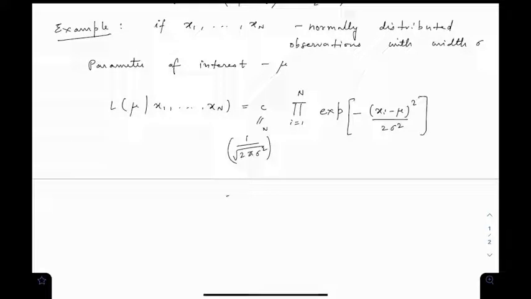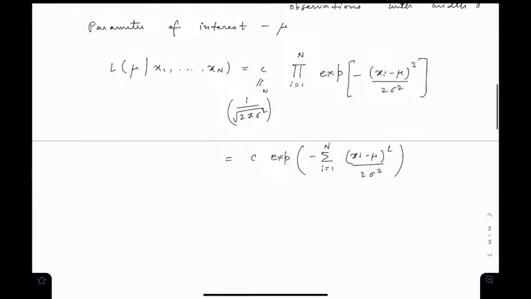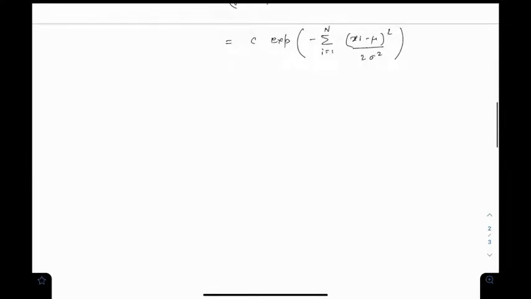Of course, we can turn the product over exponentials into an exponential over a sum. The argument of the exponent can be rewritten like this.